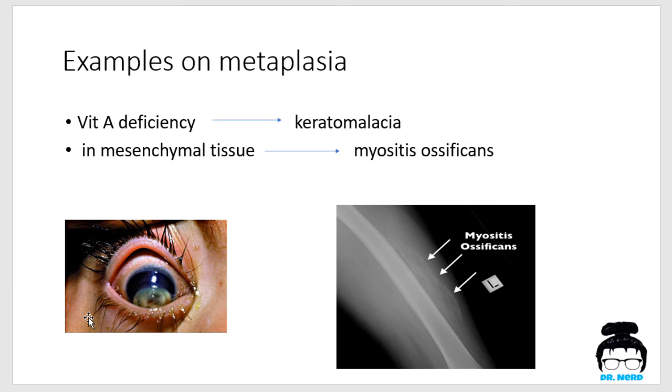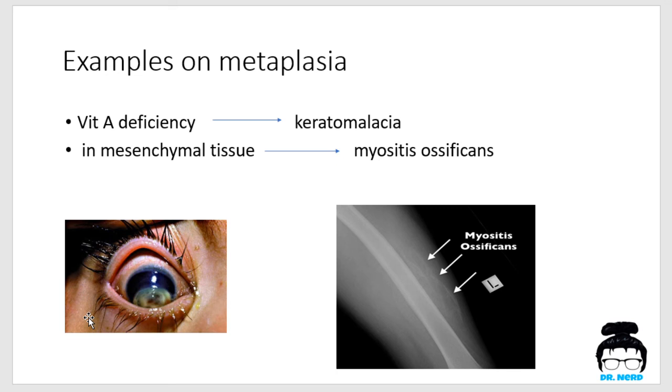So when someone has acute vitamin A deficiency, the stem cells of the eye change and produce stratified squamous keratinized epithelium. In the normal situation, it is non-keratinized. So when it becomes keratinized, the epithelium in the patient's eye will be the same as his skin.